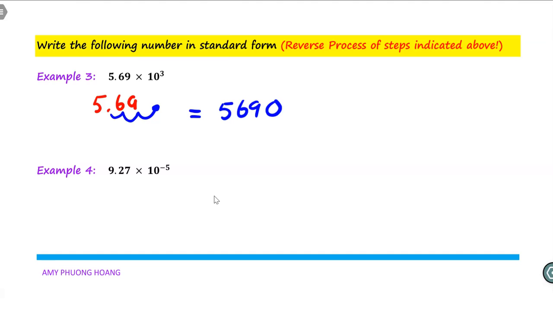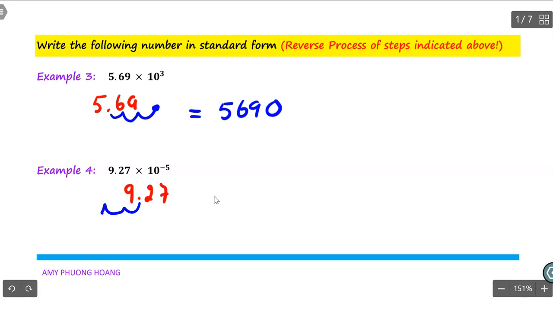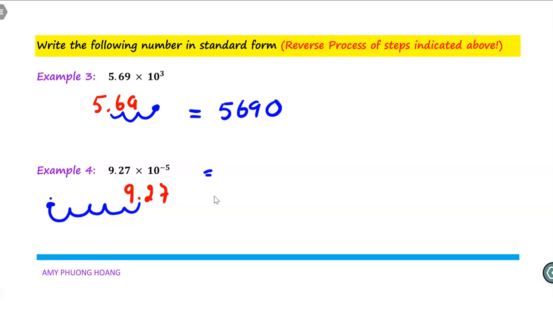Now I'm going to write 9, 2, 7, and I'm going to move this. So 1, 2, 3, 4, 5. So my 0 should be right there. Therefore, I am going to put in the trailing 0.